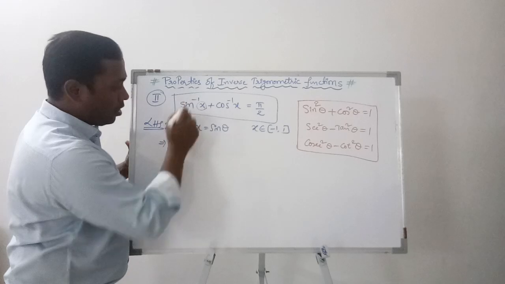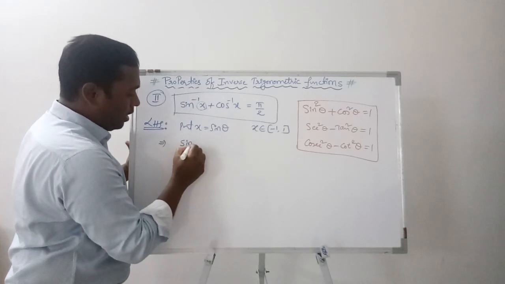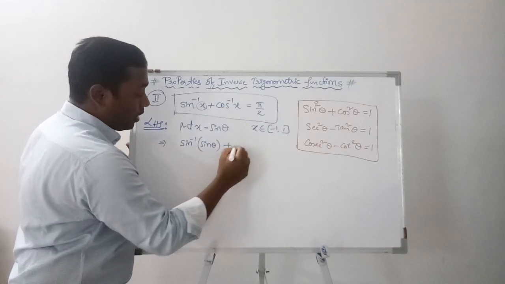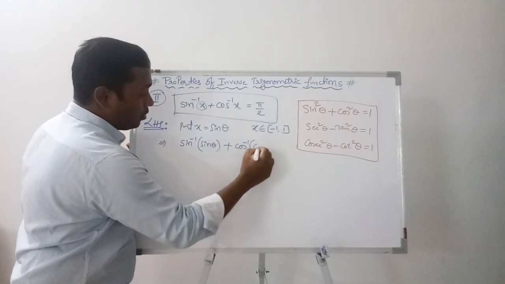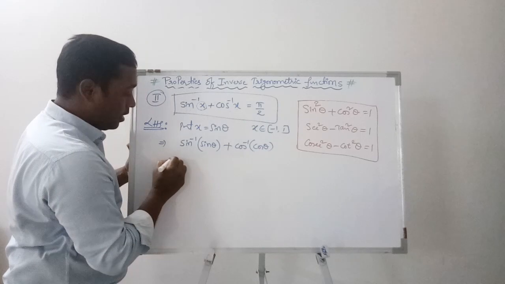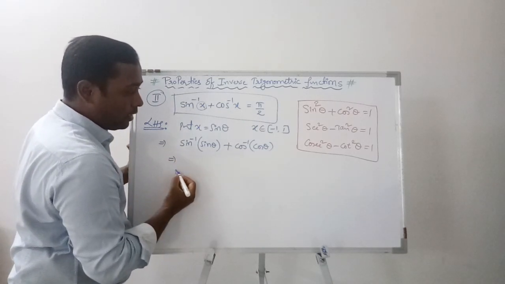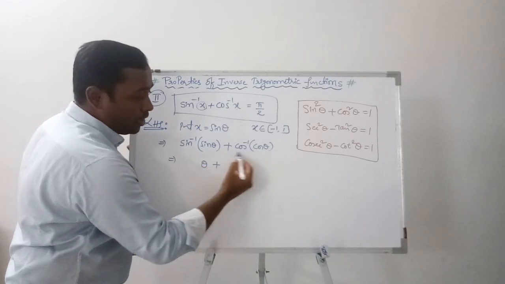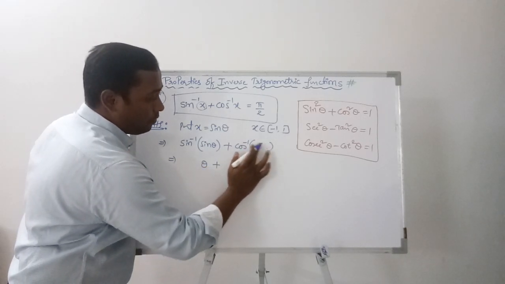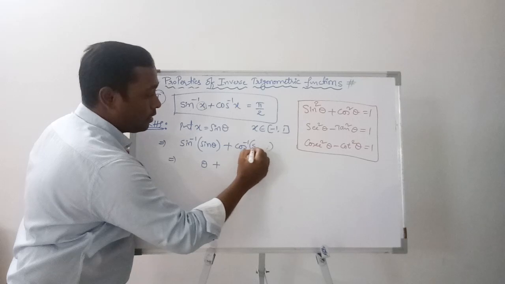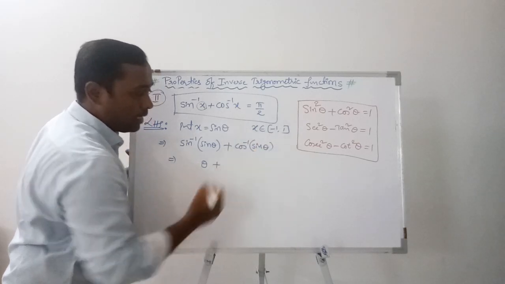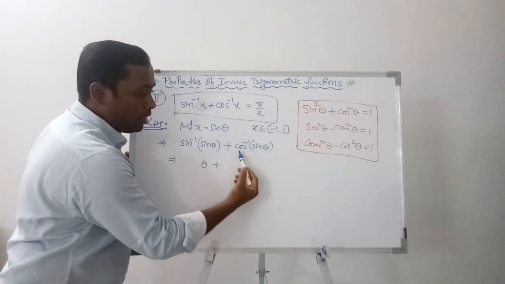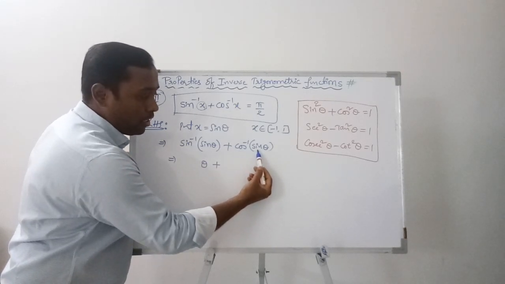In the LHS part, I am putting x is equal to sin theta. So the expression now becomes sin inverse of sin theta plus cos inverse of sin theta. Sin inverse of sin theta is theta only. Now we cannot reduce this expression until this is converted into cos theta.